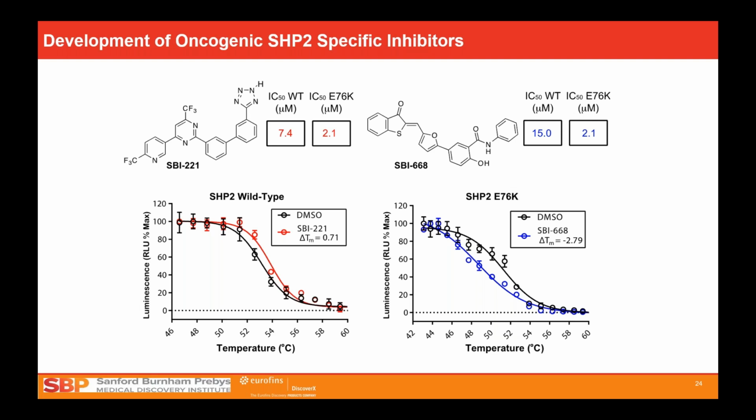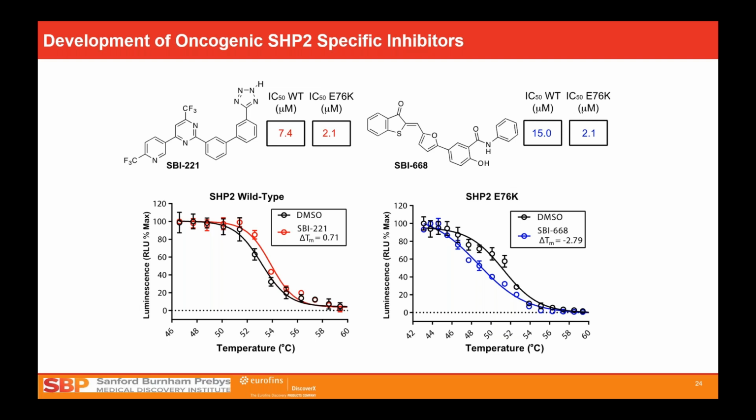To the right then, we have this compound SBI-668. I've indicated its in vitro potency. And then when we direct this compound against SHP2 E76K, the oncogenic form of SHP2, we see that this compound is actually a destabilizer. So in DMSO in black, you can see the curve generated by E76K, and then in blue, we see the effect of the compound SBI-668.